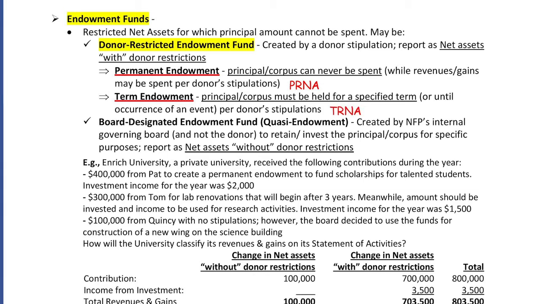Now, there could also be, highlight, board designated endowment funds, underline quasi endowment, which are created by the not-for-profit's internal governing board and not the owner. So these are net assets without donor restrictions. So right there, UNA or unrestricted net assets.